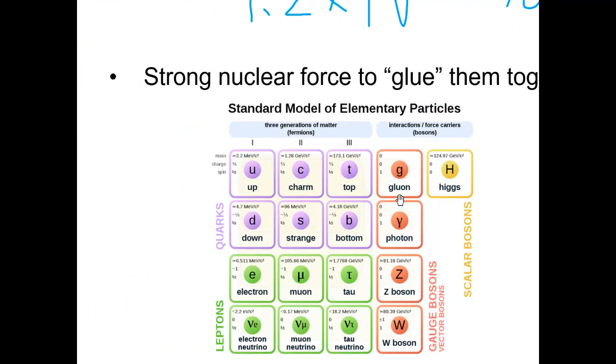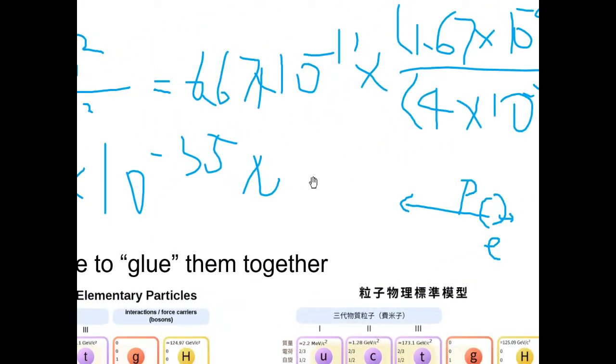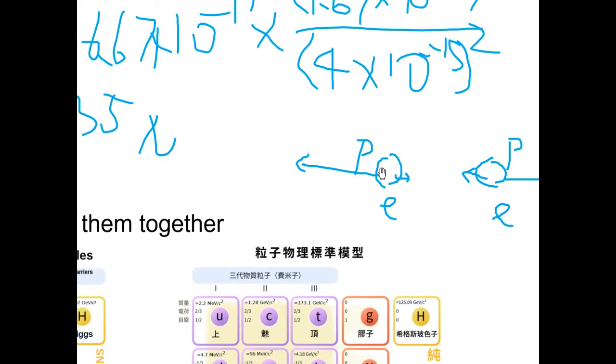So it's something like glue to make them stay together, because we cannot really explain why the two forces cannot cancel each other, so that they should break, but they do not.